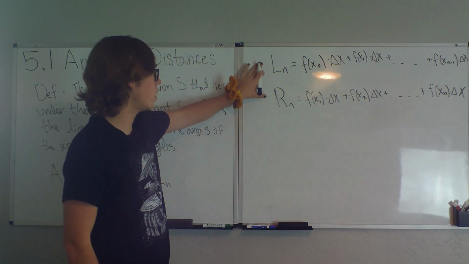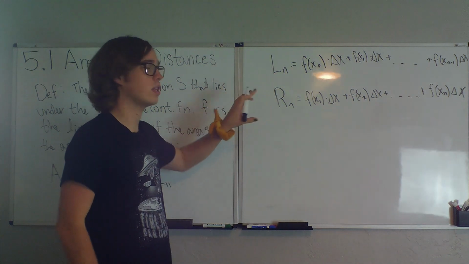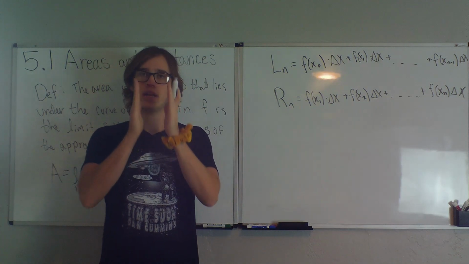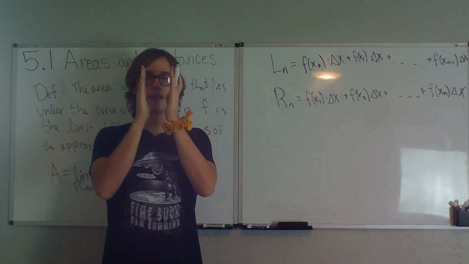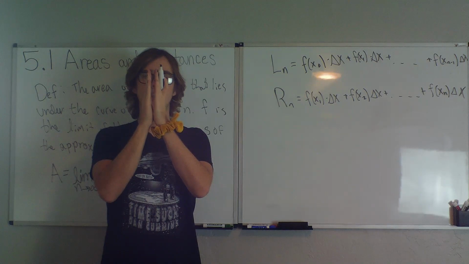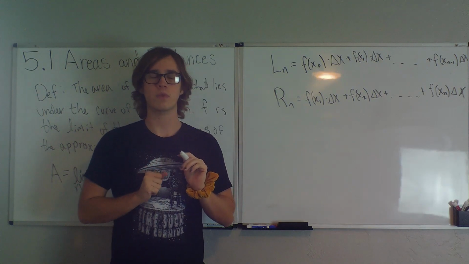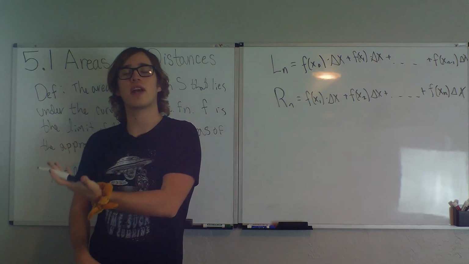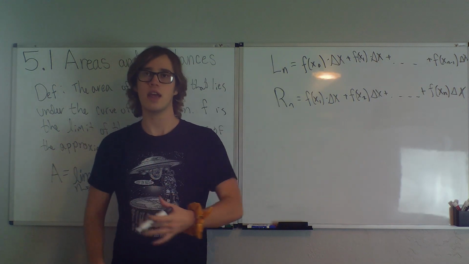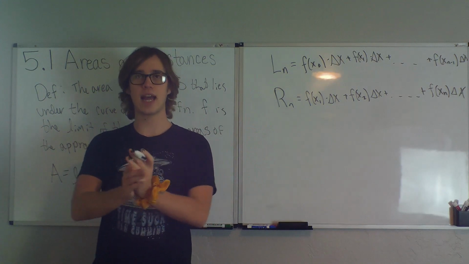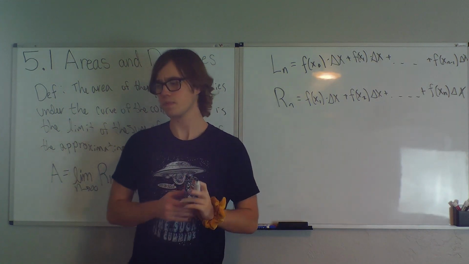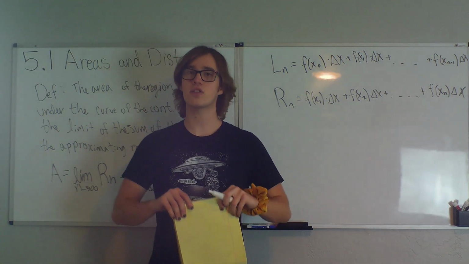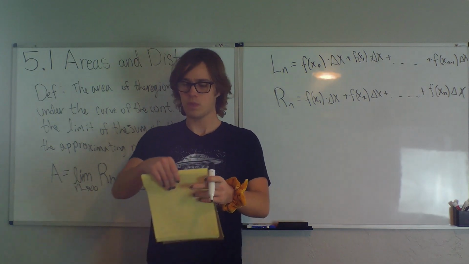Well, we know our definitions for Ln and Rn, and this is saying that as our delta x is getting smaller and smaller, as the number of rectangles goes to infinity, that will give us the exact area under the curve. So this is really cool, and we're going to use this to introduce integrals in the next video.